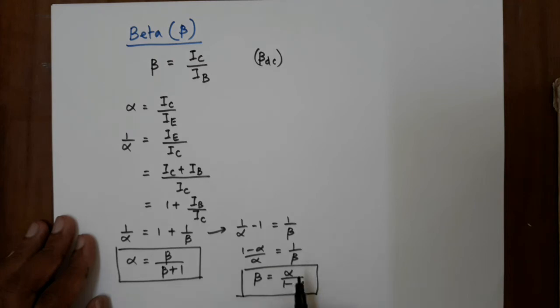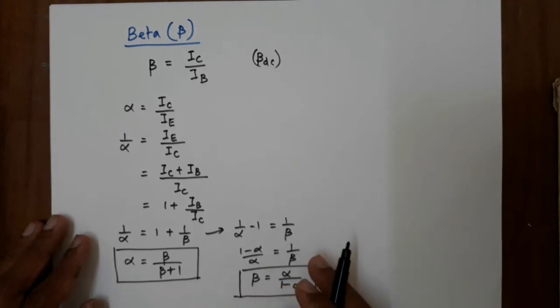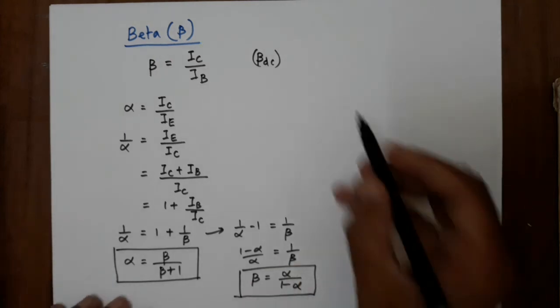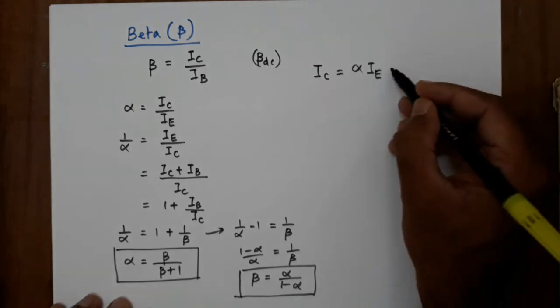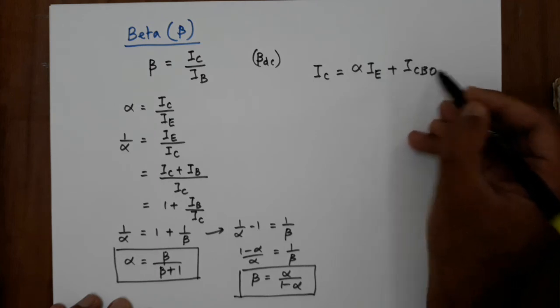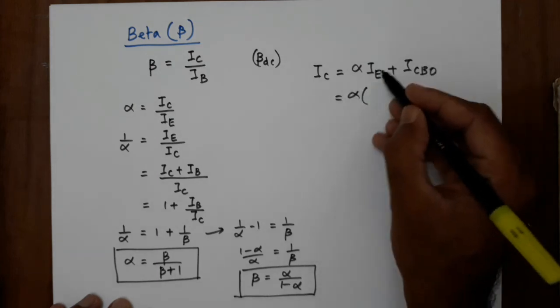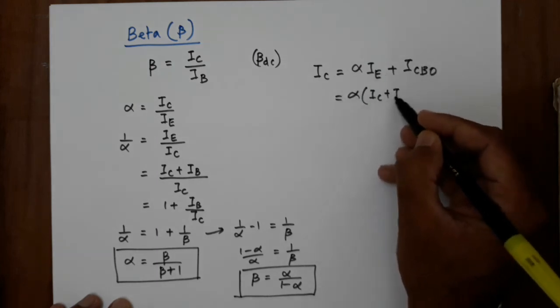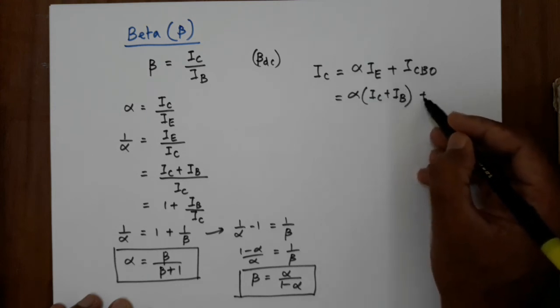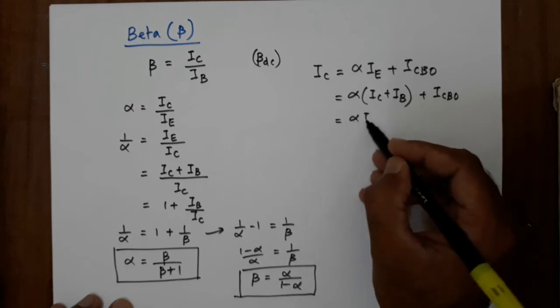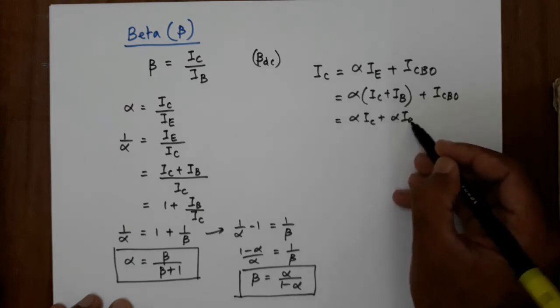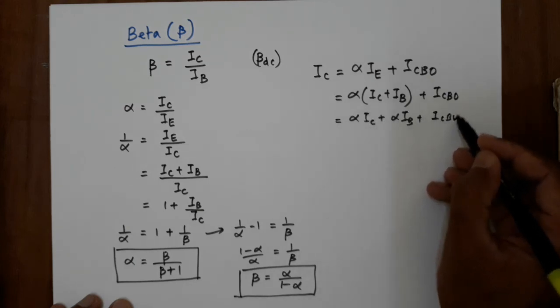Now we will rewrite the previous equation that we have introduced in terms of beta. I am referring to this equation: IC is equal to alpha IE plus ICBO. Here I can replace IE by IC plus IB. Now this is alpha IC plus alpha IB plus ICBO.